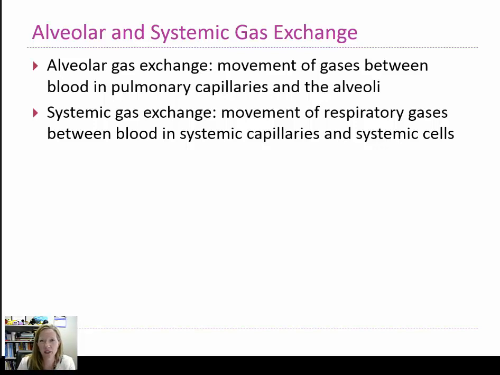If we're looking at oxygen, we're going to look at what happens to oxygen once it gets to the cells and how it moves from the bloodstream into the systemic cells, but also how carbon dioxide moves from those cells into the bloodstream. So that's what we're going to be looking at.